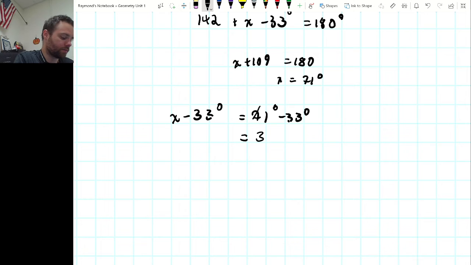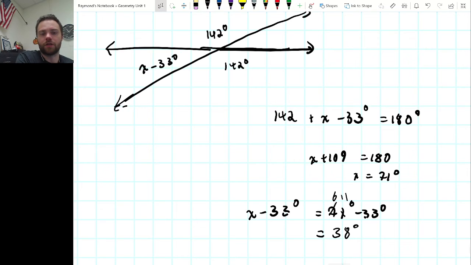So I'm borrowing. And then 11 minus 3 would be 8. So 38 degrees. And let's just check. 38 plus 142. Yes, that equals 180. So this is 38 degrees. And since vertical angles are congruent, I know this one up here is going to be 38 degrees. Okay?